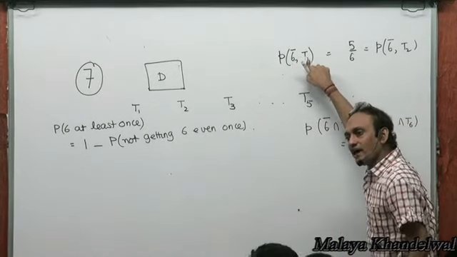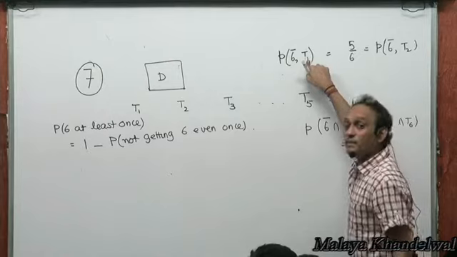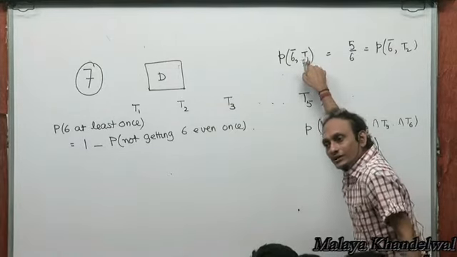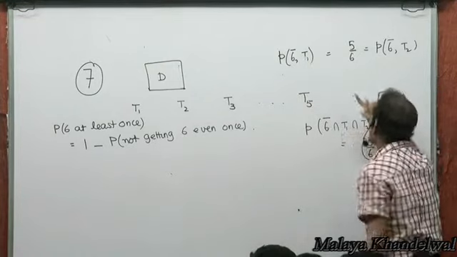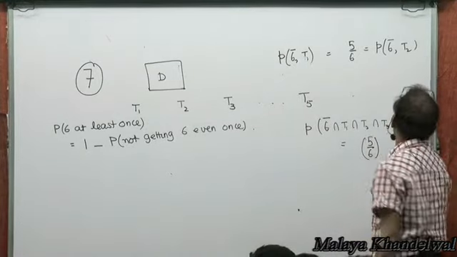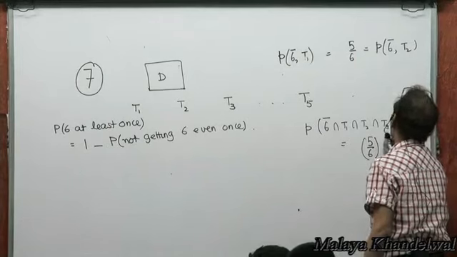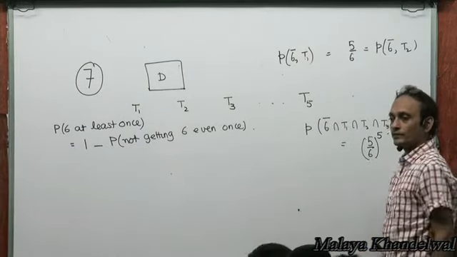So the probability of not getting 6 in 5 trials would be 5 by 6 to the power 5.